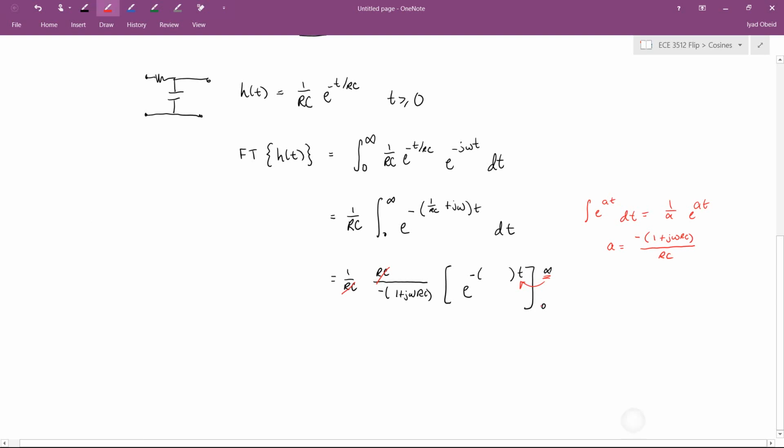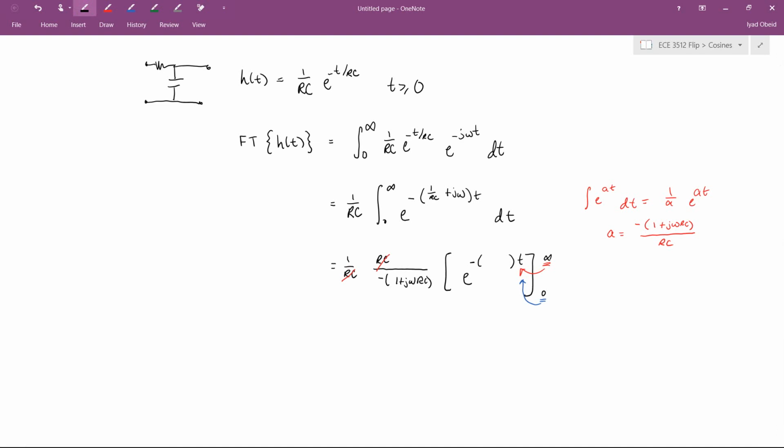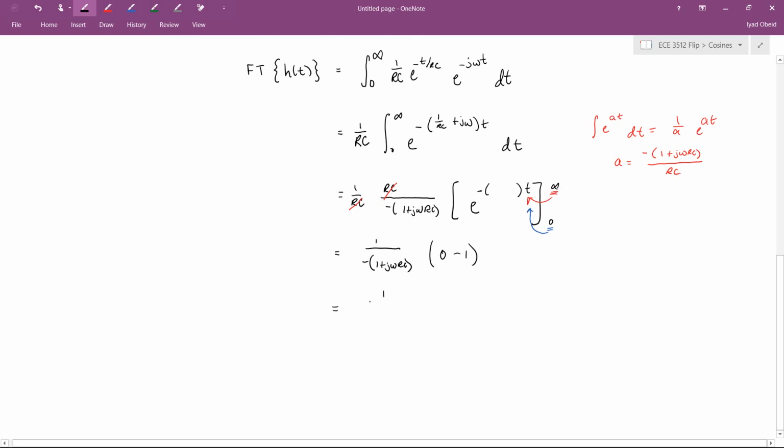And when I substitute in 0 for t, I get 1, because e to the 0 is 1. So we have 1 over minus (1 plus j omega RC) times (0 minus 1) equals 1 over (j omega RC plus 1), which is the transfer function for the low-pass filter that we all know and love.